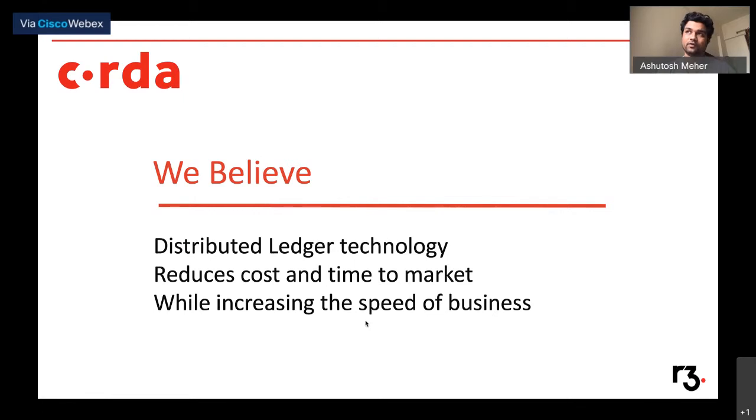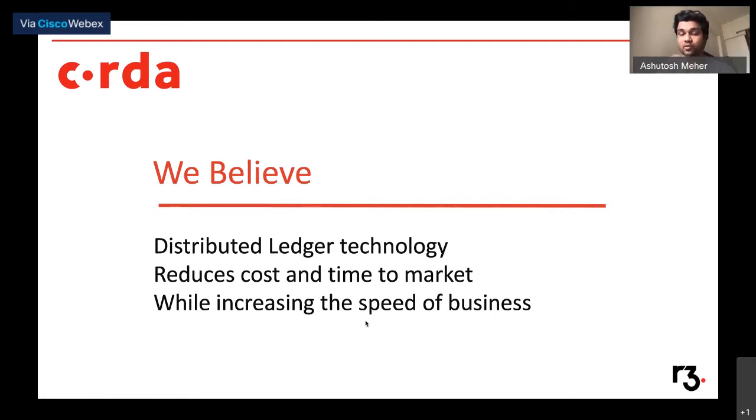And if you have heard of the concept of "what you see is what I see": if I see the same data that you are seeing, and a platform like Corda can guarantee that this particular fact is true, then you are removing a whole lot of operational bottlenecks, like reconciliation cost. So overall, your time to market reduces, which reduces your cost and brings more efficiency to your business.